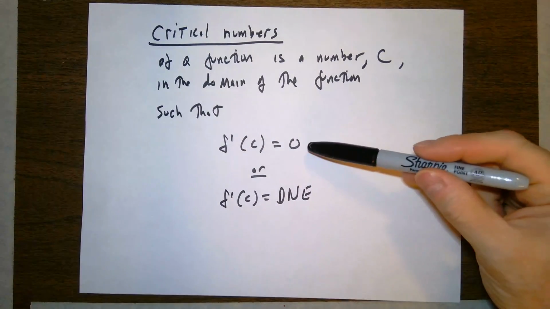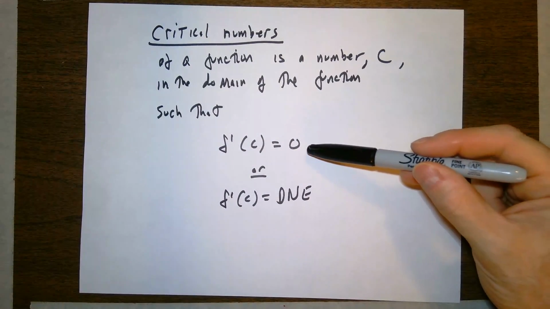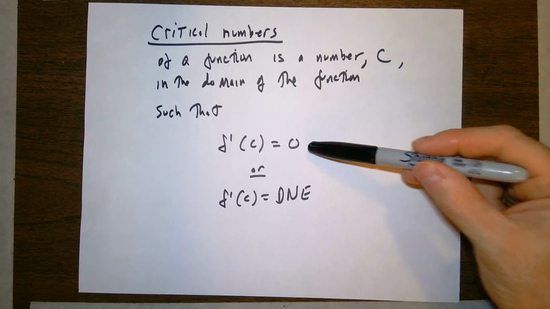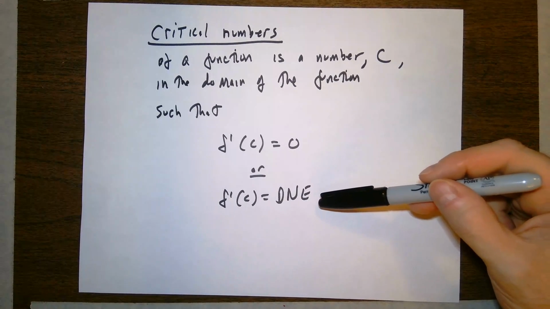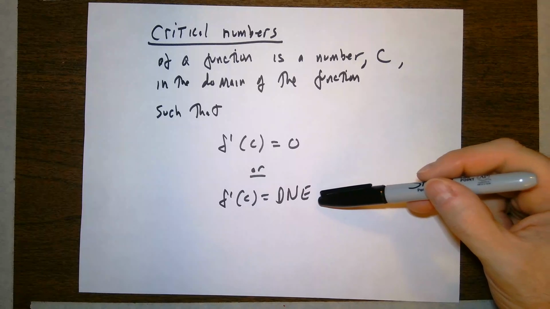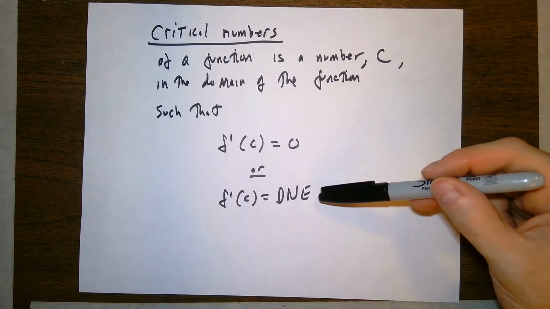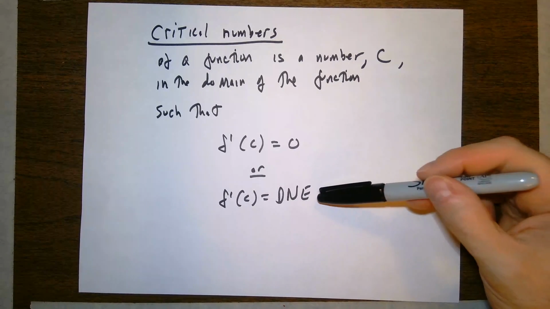So obviously in the first case, Fermat tells us that that's where we have our maximum or our minimum values. But here, it can also be a critical value if the derivative does not exist. And think about the times where it might not exist.